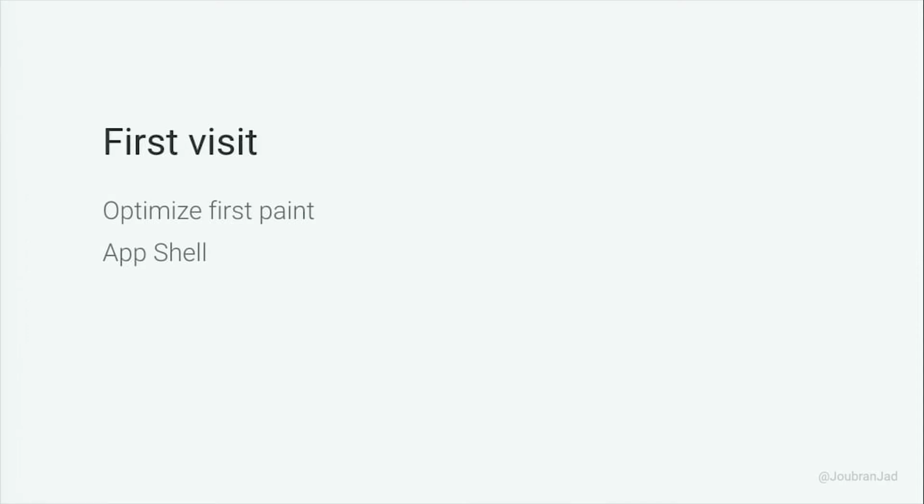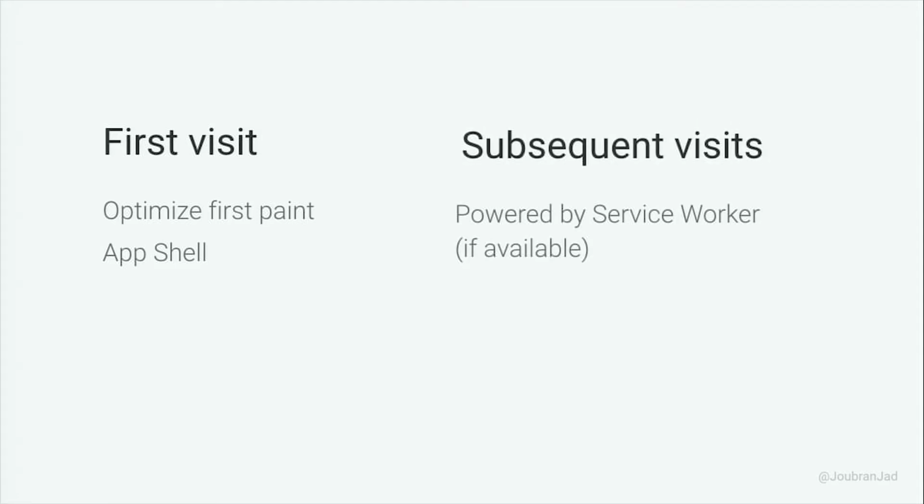So you can only rely on optimizing the first paint to have a fast experience and on the app shell pattern. But you can probably not do a lot more. On subsequent requests, you may have a service worker if it's supported on the browser, which is great. And this means that here we should be really focusing on shipping something as fast as possible, because we're relying on the network to get all of these resources.